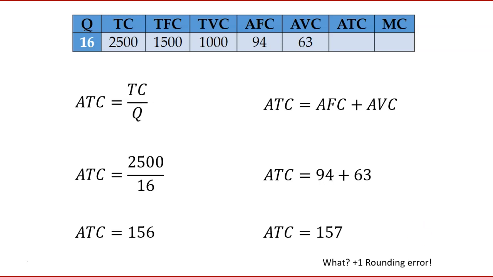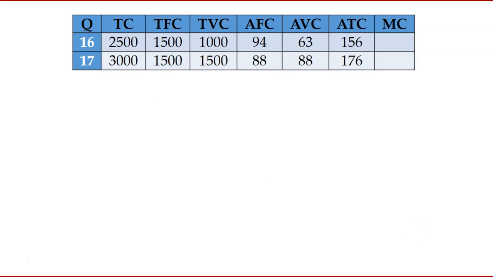Now let's look at marginal cost. The marginal cost is going to be the cost of producing an additional unit of output. So increasing output from 16 to 17. So we're interested in the 17th unit of output. How much did that cost to produce? Not 17 units, the 17th unit.